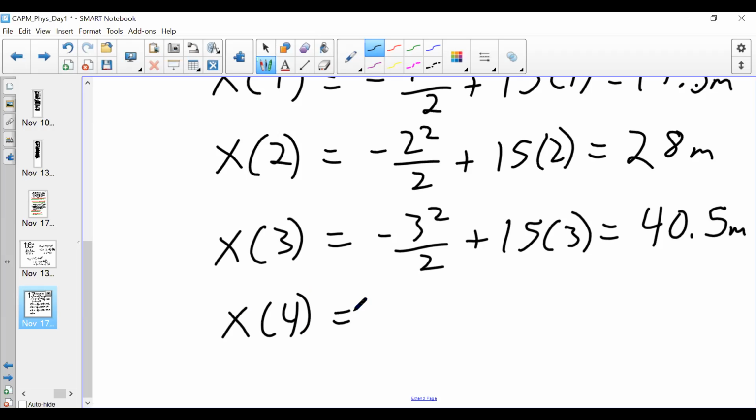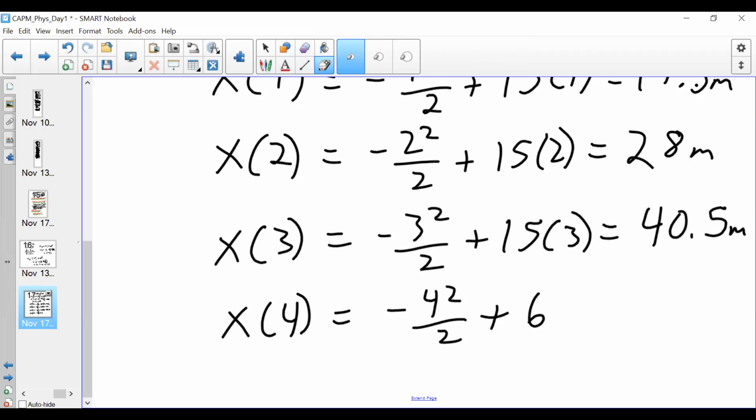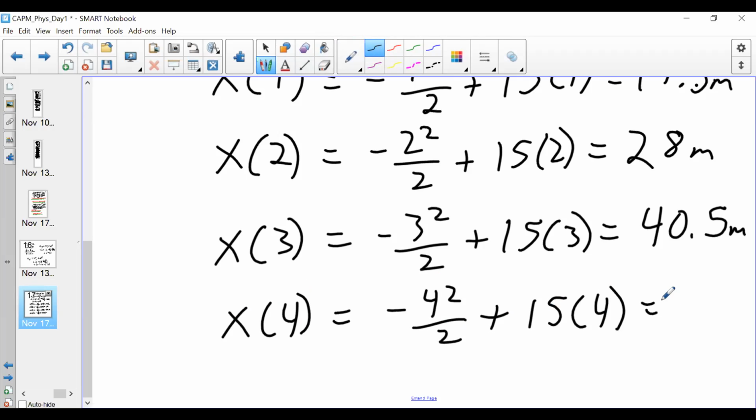And then x as a function of 4, or when t is equal to 4, plus 60. Why is that? Okay, let me just make sure. Where does 60 come from? 15 times 4, if there's anybody asking that.